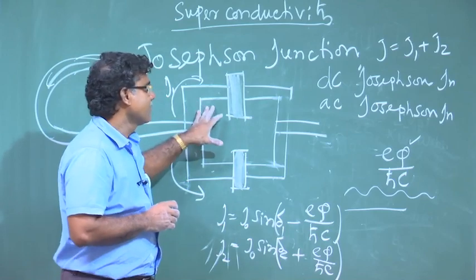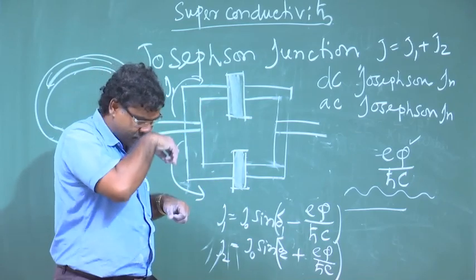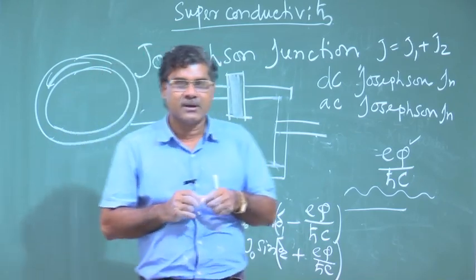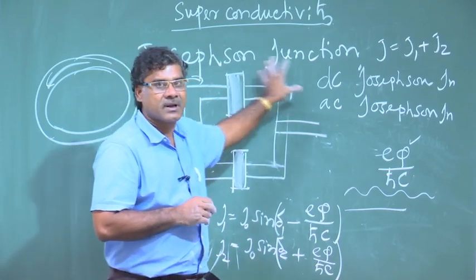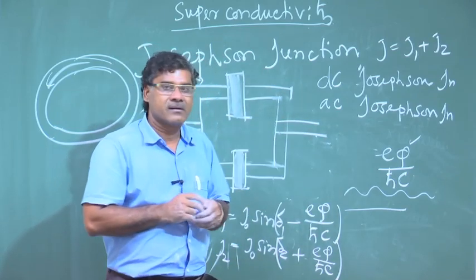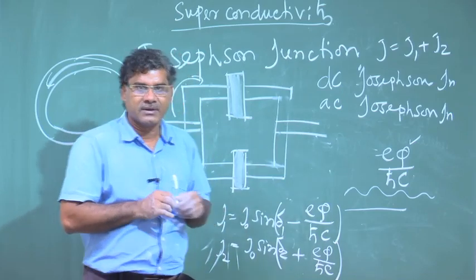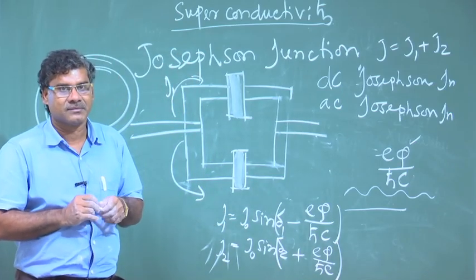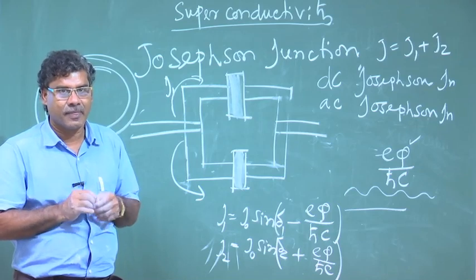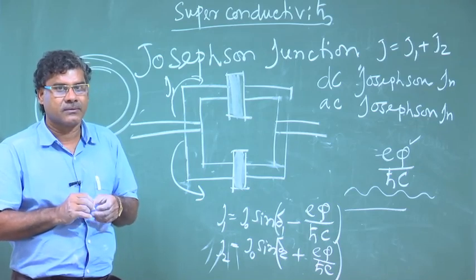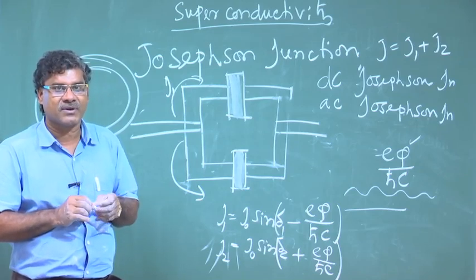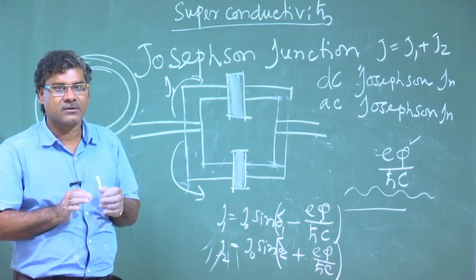I think you do not need that for undergraduate students. This is just an overall picture of what superconductivity is and its main properties, a rough idea about it. So, I will stop here and finish this course.